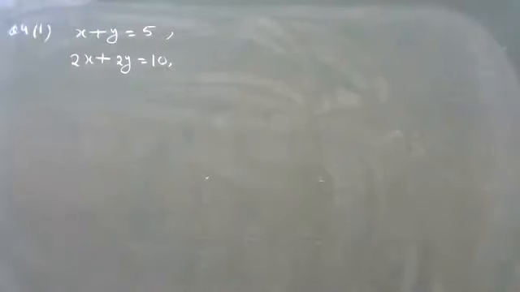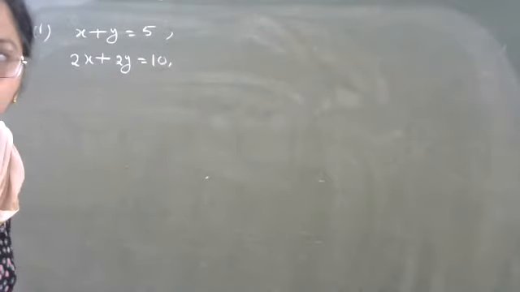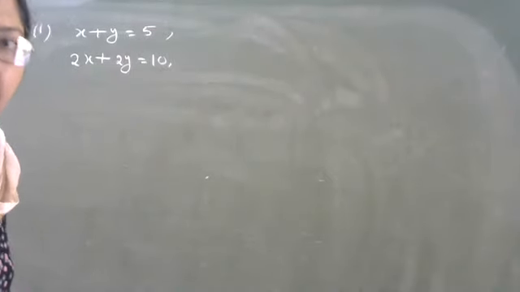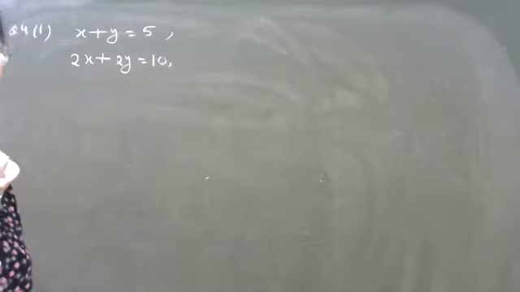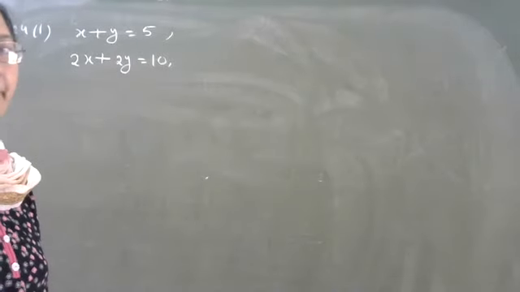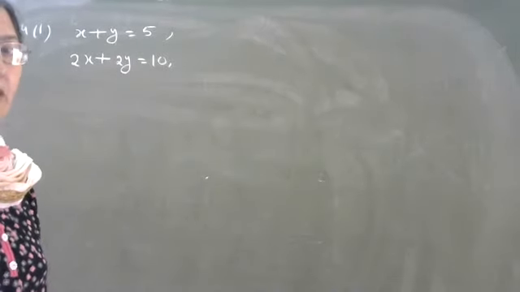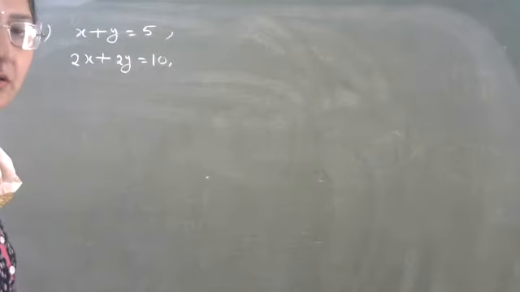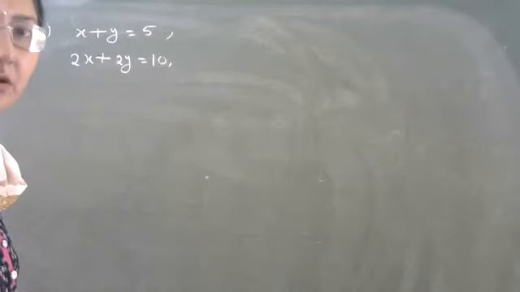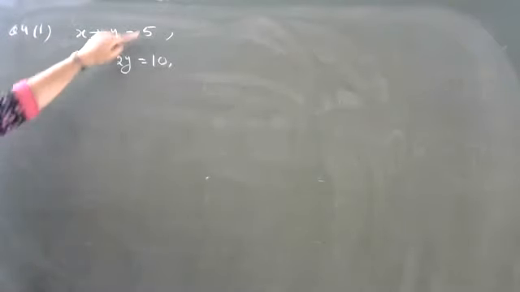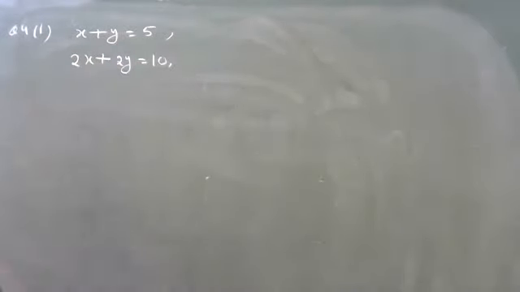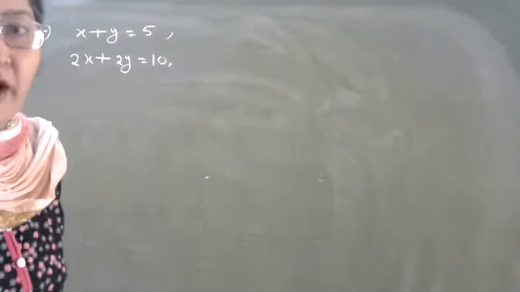Arya, raise your hands. Coincident, consistent. Parallel, coincident or intersecting? Coincident lines, because it is 1 by 2, here also 1 by 2, and the ratio -5/-2 is also 1 by 2.